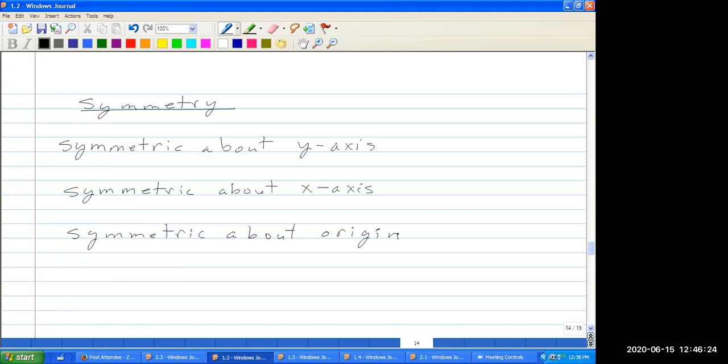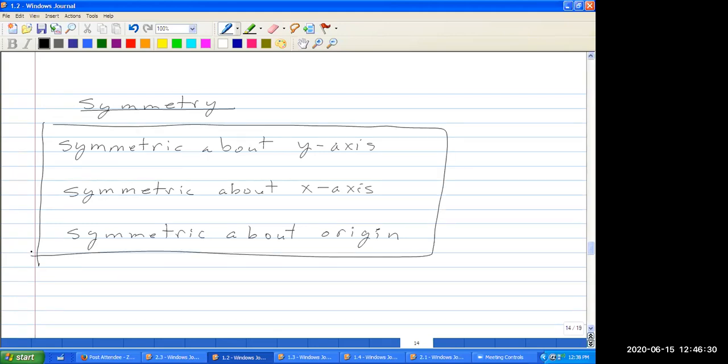So a circle is very symmetric. In this case, it's symmetric about everything that we talked about. Okay. Any questions about that? Okay.